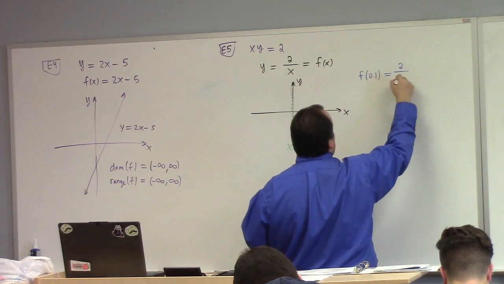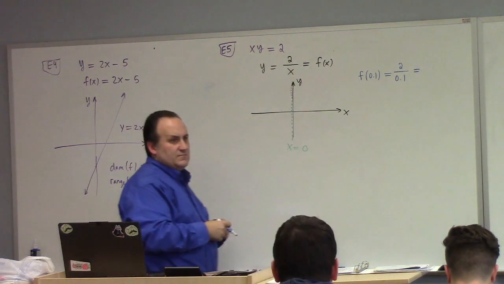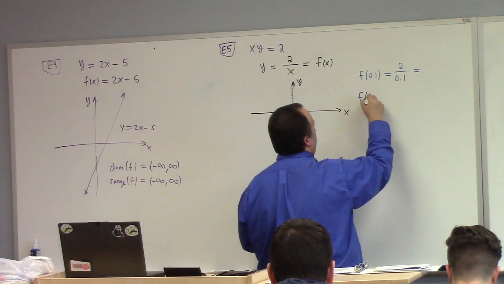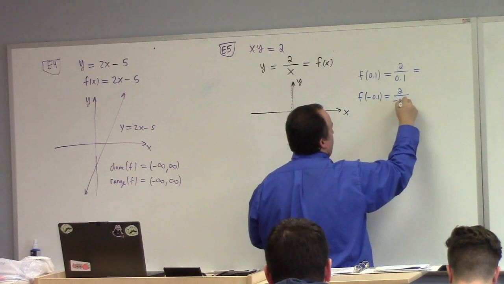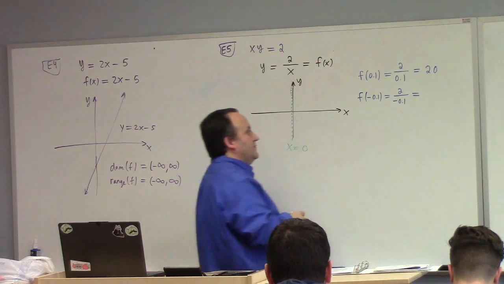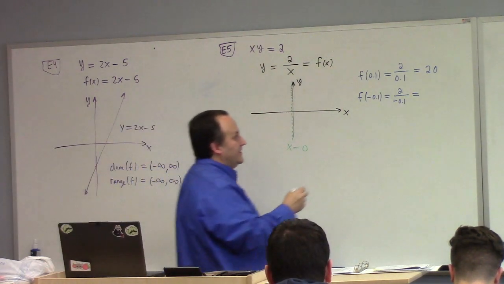2 over 0.1. What's 2 over 0.1? Wow, that's big. 20. What about 2 over minus 0.1? Negative 20. Right.